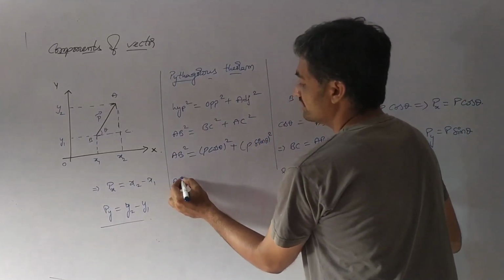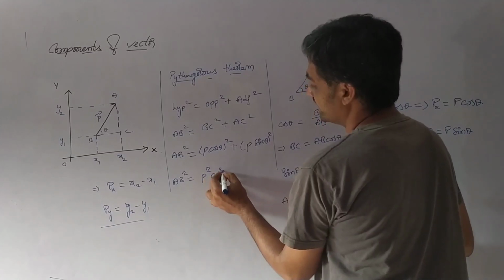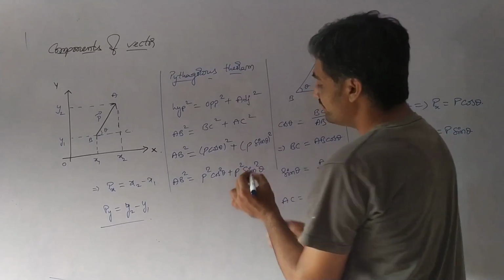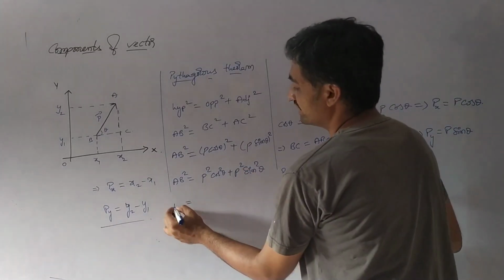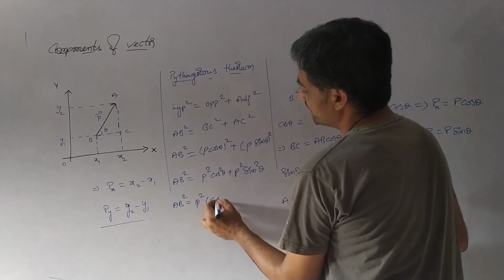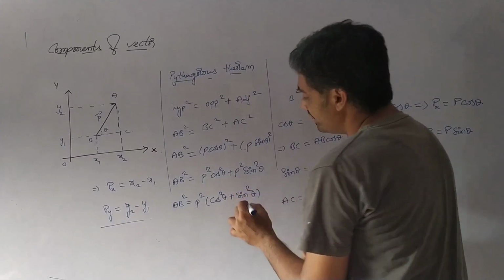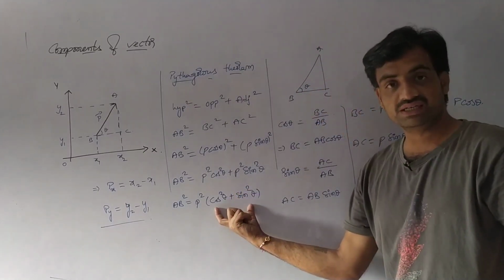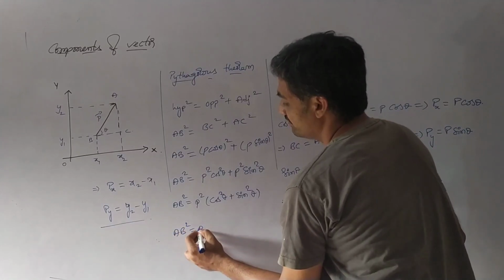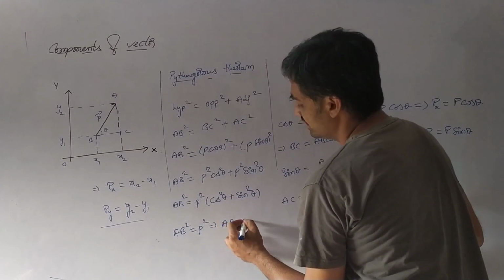That is, AB square equals P square cos square theta plus P square sin square theta. Taking P square as common, AB square equals P square into cos square theta plus sin square theta, where we know that cos square theta plus sin square theta equals 1. Then AB square equals P square. Applying square root on both sides, we get AB equals P.